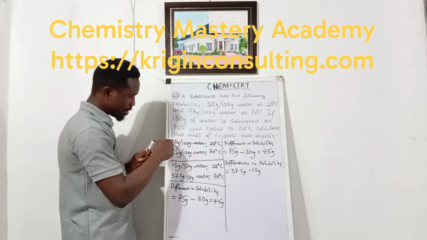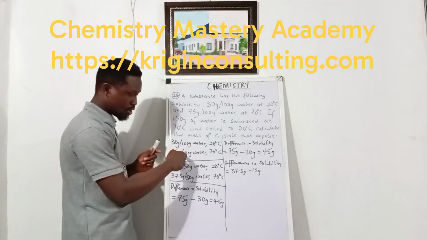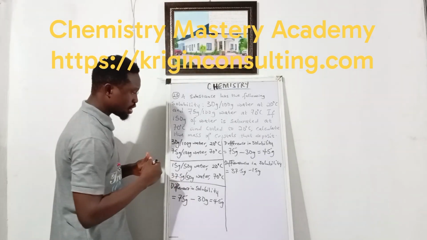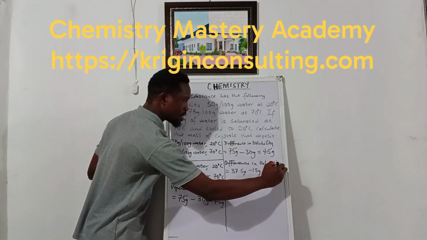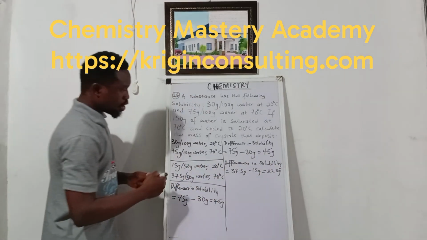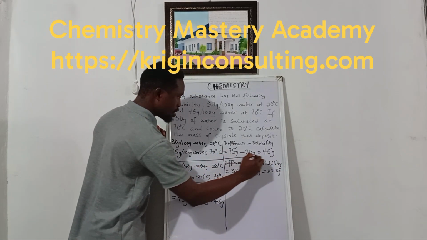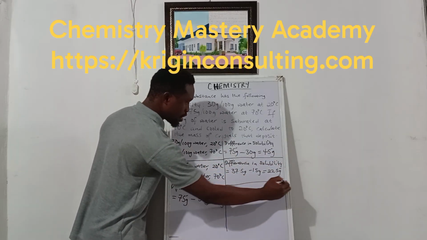Okay? Remember, half of this will dissolve in half of this. Half of this will dissolve in half of this. Okay? That's why we now have this. Okay? So the difference here in solubility is 22.5 grams.